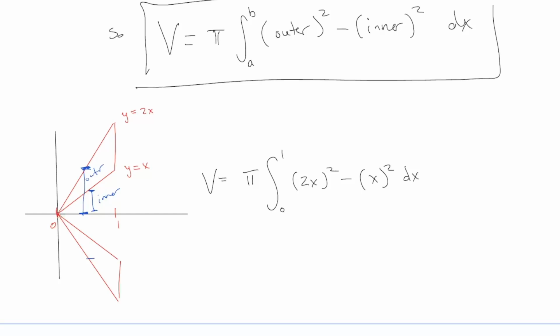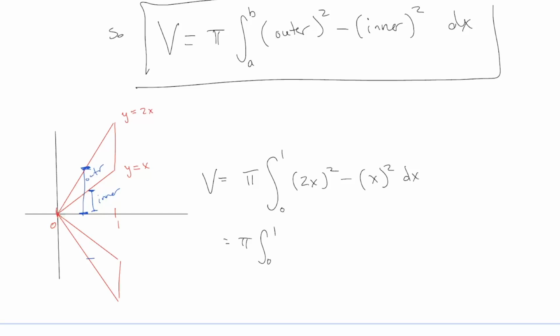Right. Now that it's set up, it's fairly straightforward to do the integral. So let's just finish it off. So it's pi here, integral 0 to 1. Simplify on the inside before doing the integral. What do we get from 2x squared? Somebody want to shout it out? 2x, the whole thing squared. What do you say? 2x squared?